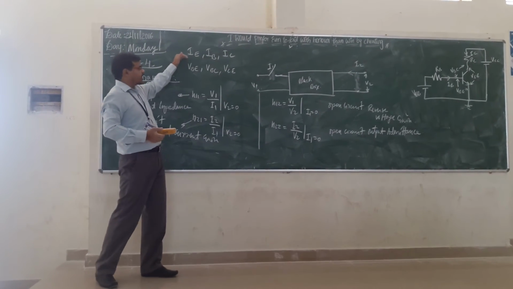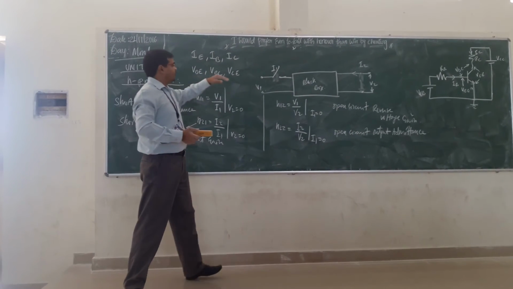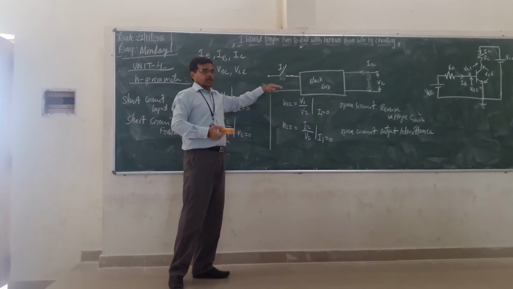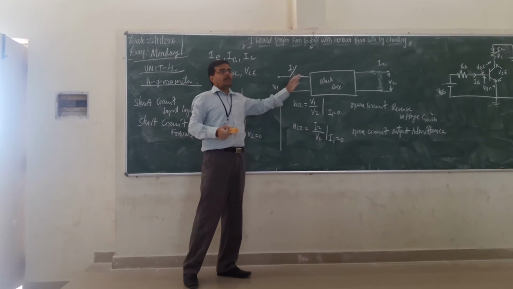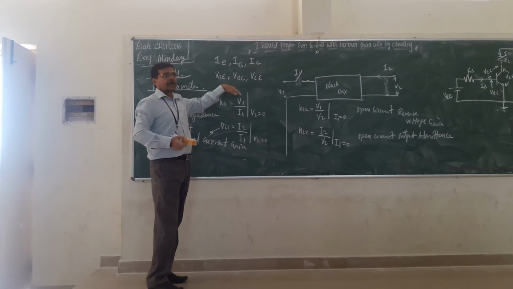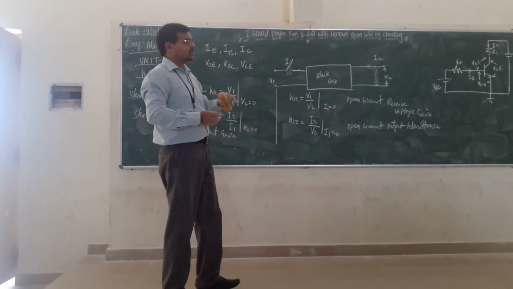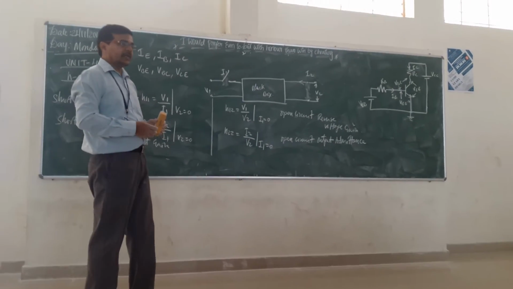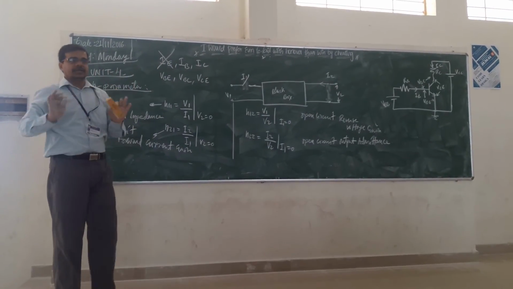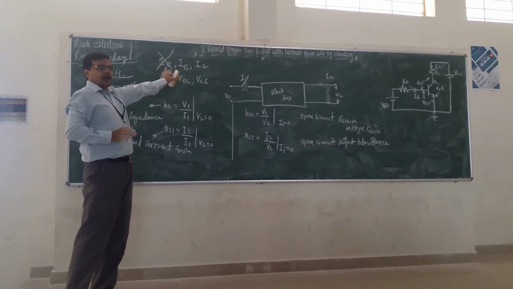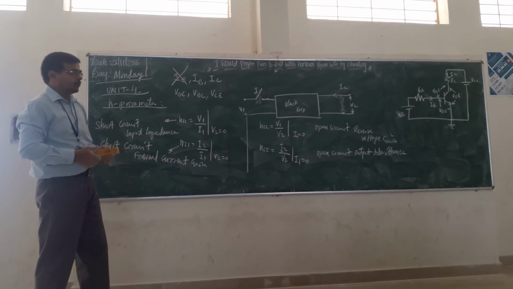When we are having three current and three voltage parameters, we cannot use this for H parameter. In order to use for H parameter, we should have only 4 parameters. Here we are having 6 parameters. So what we will do, as this is your common emitter configuration, emitter current we will remove.